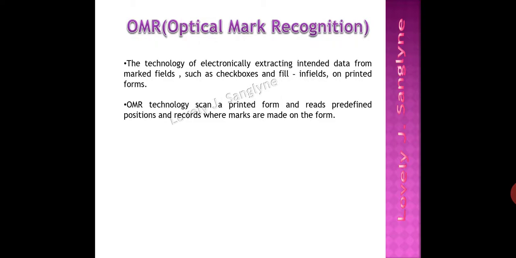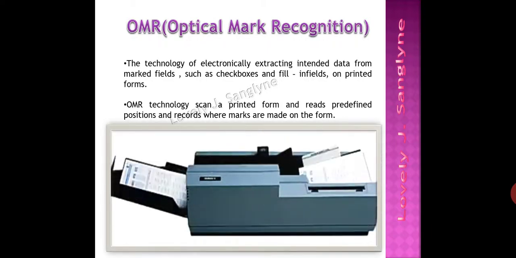OMR scans a printed form, reads predefined positions, and records where marks are made on the form. Suppose we mark using a pen or pencil in a form. That mark can be scanned by using the OMR technology.